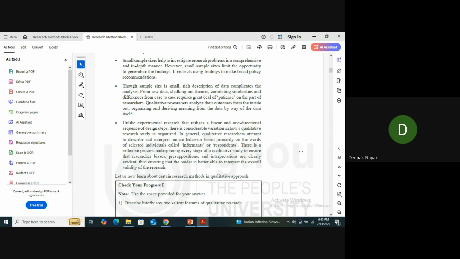Suppose there are some studies, and I forgot to tell you about longitudinal studies. Longitudinal studies are studies where the same study is conducted at different points in time. Suppose it is a cohort study. Suppose you have taken a village as a study sample.